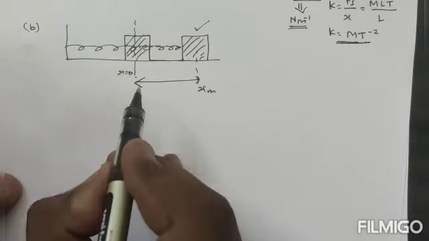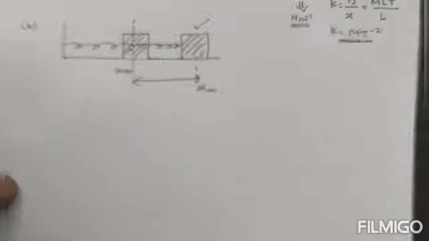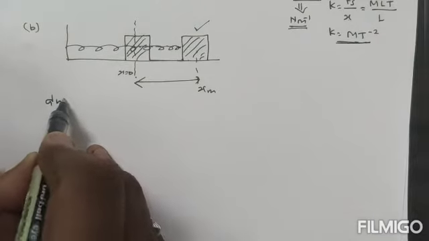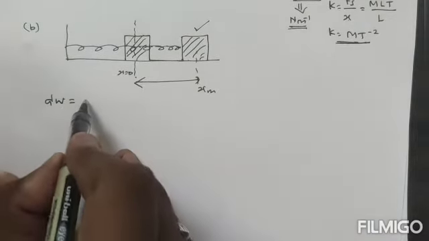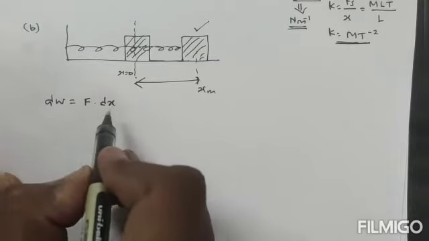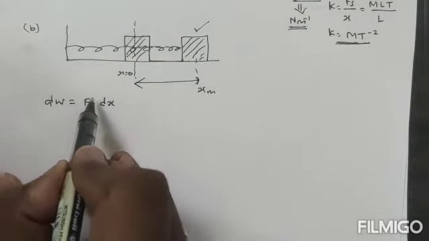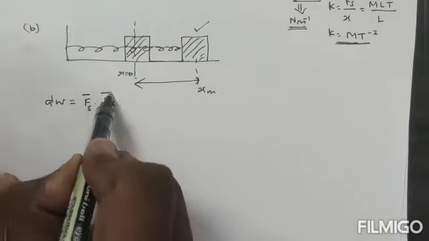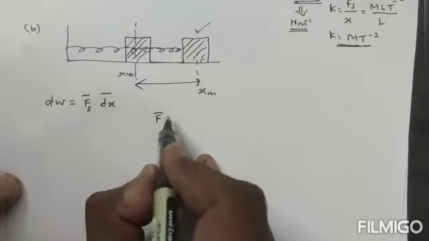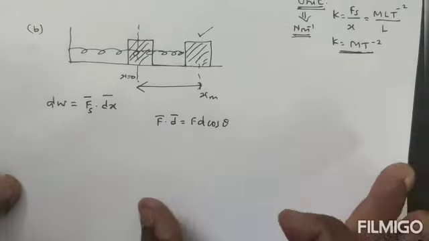So what about the work done? Now I am going to calculate the work done by the spring. If it is a small work done, how do we write it? Force into small displacement, so we can write F dot dx. We know F vector dot dx vector is equal to F dx cos theta.